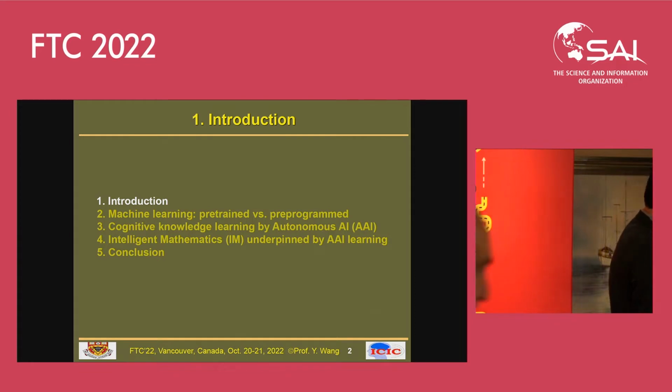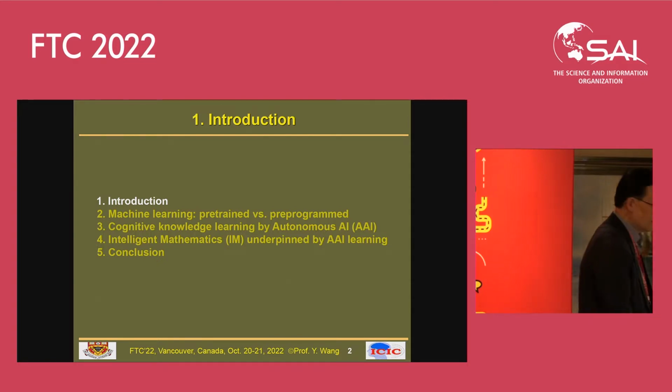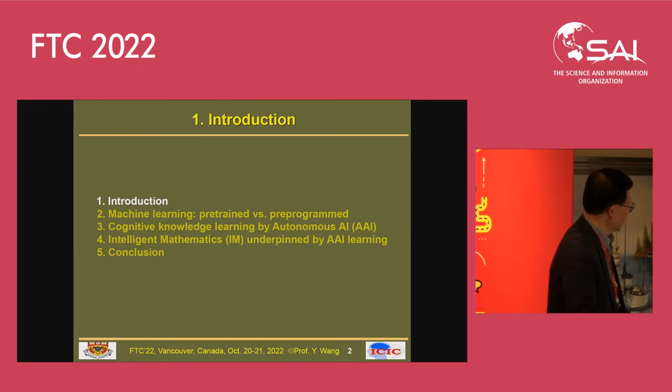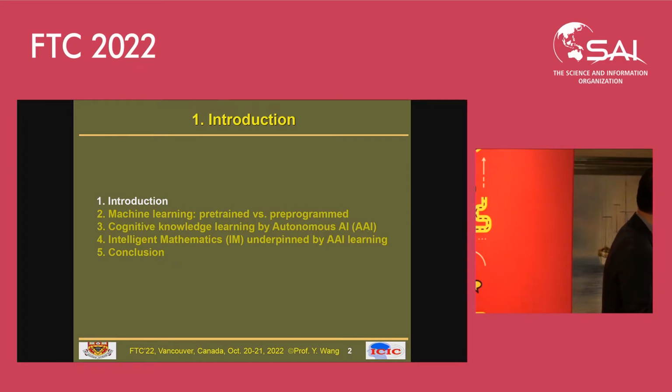In the second part, we're going to compare the current technologies and traditional technologies and see what the differences are for machine learning. And in the third section, we're going to discuss cognitive knowledge-based machine learning, towards what we call autonomous AI systems, double AI.